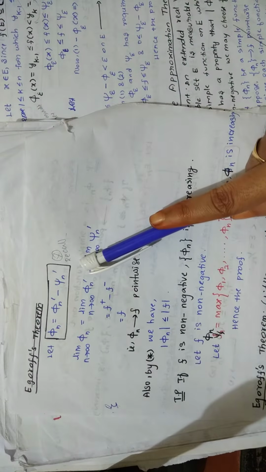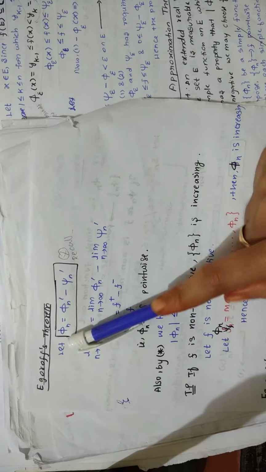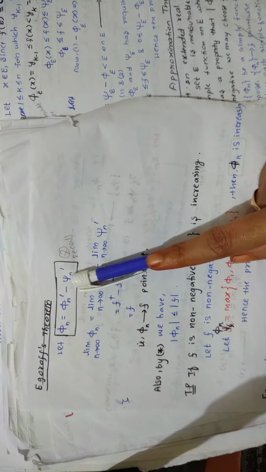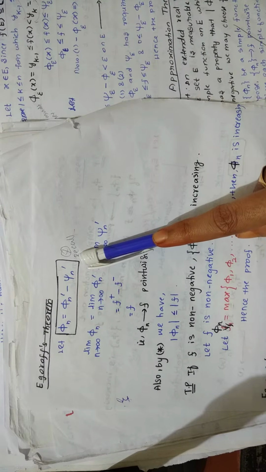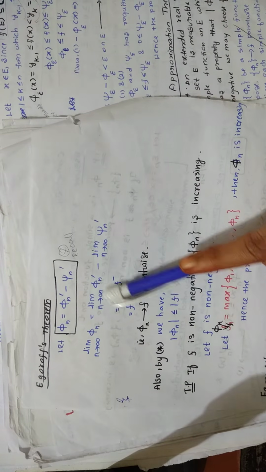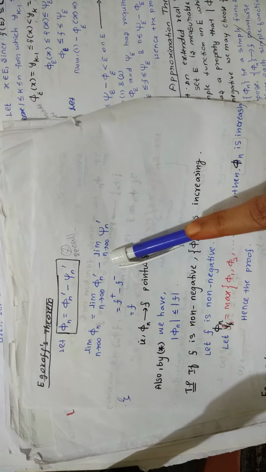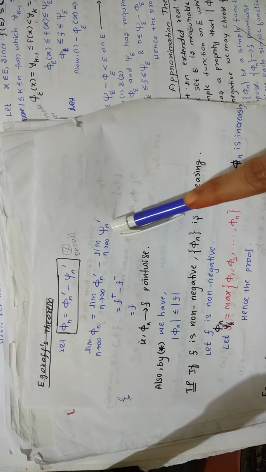Now let pi n be equal to pi n dash minus psi n dash. Now you take the limit, so you get limit n tends to infinity of pi n equals limit n tends to infinity of pi n dash minus limit n tends to infinity of psi n dash.